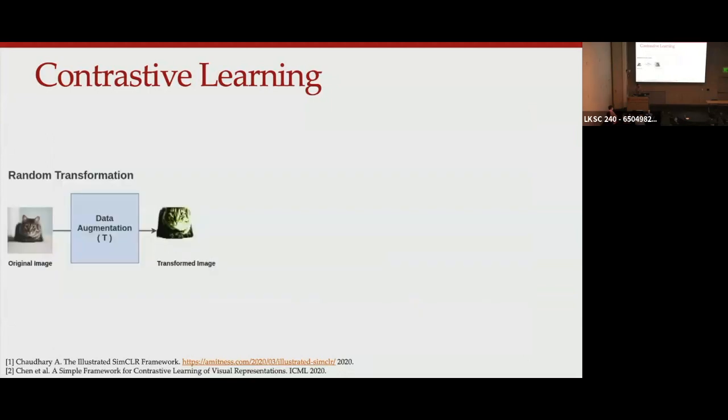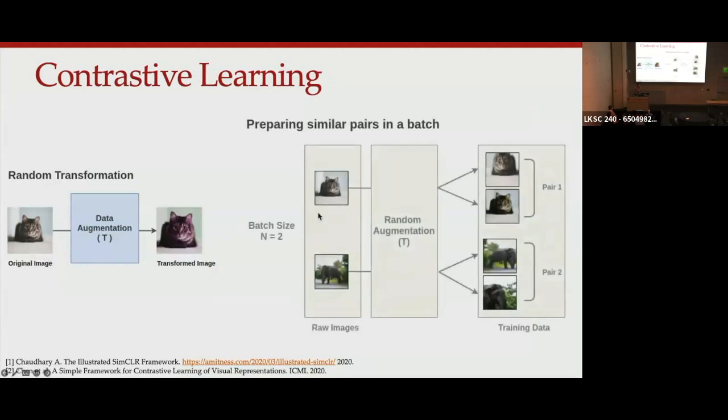And the way we can do this is we can take some arbitrary image and keep transforming or augmenting it in different manners. And then we can do this for all the images in our training data. So let's say my training data has two images, a cat and an elephant. I can perform augmentations, and then train a neural network with the enforcement that the representations for my cats should be similar.